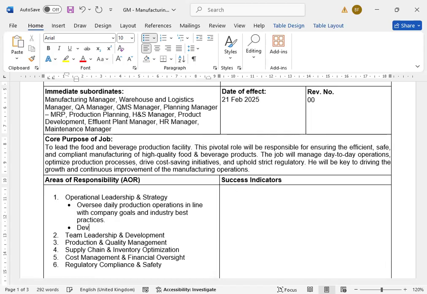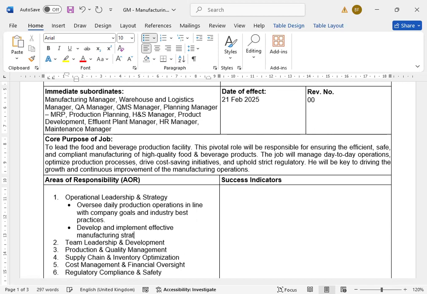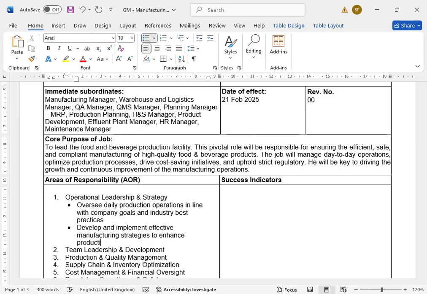So the next one would be: develop and implement effective manufacturing strategies to enhance productivity, minimize costs.